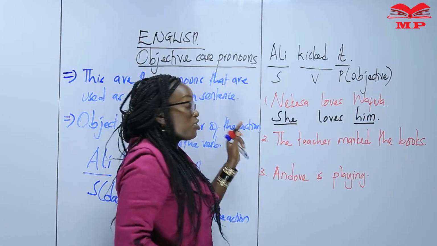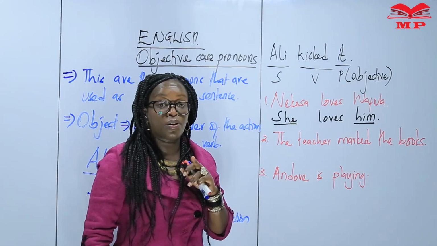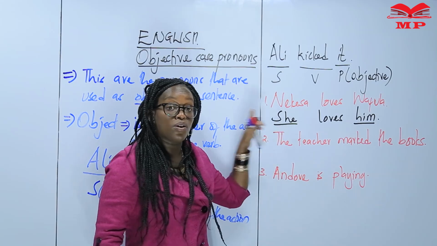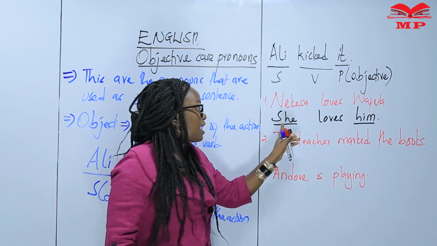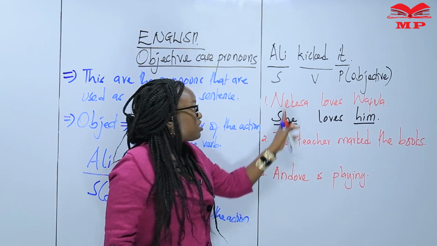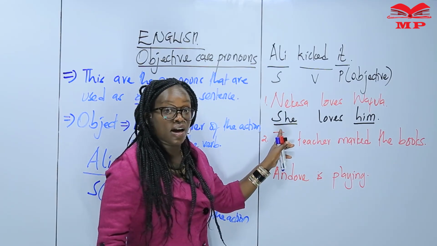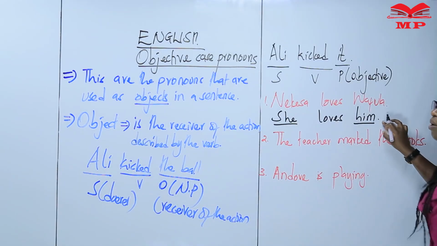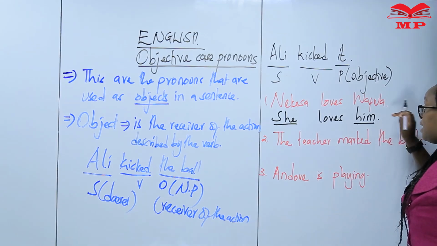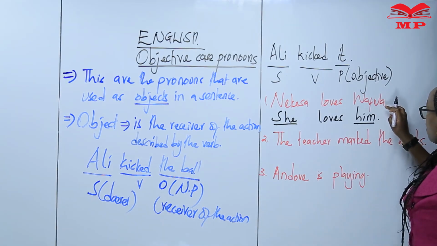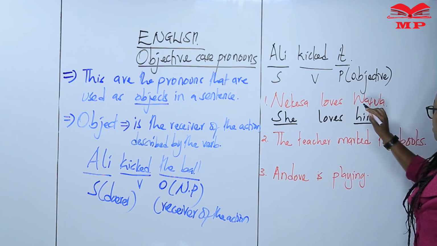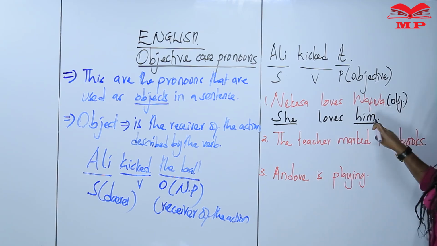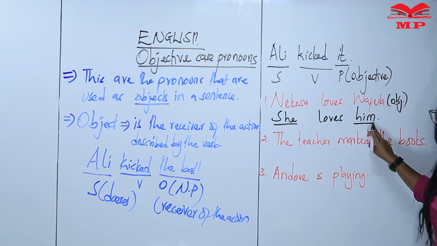In our previous discussion where we talked about subjective pronouns, remember that she was in the category of examples of subjective pronouns. It can only be used to replace those nouns in sentences that are actually used as subjects. Then now we have an example of an objective pronoun, which is actually him. So Wafula, which is the object in the sentence, is actually replaced by an objective pronoun, which is him.